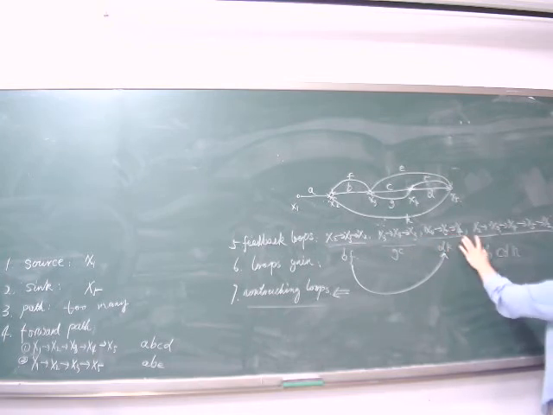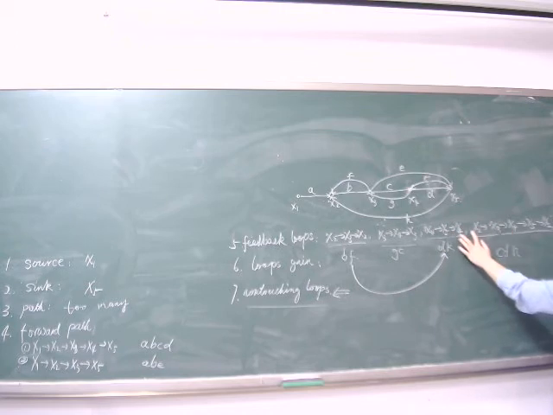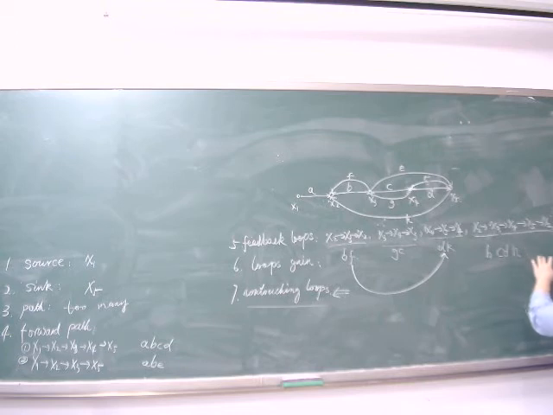The third and the fourth also have a common node or branches. This and this also have a common node. These two also have a common node. So there is only one pair of non-touching loops.